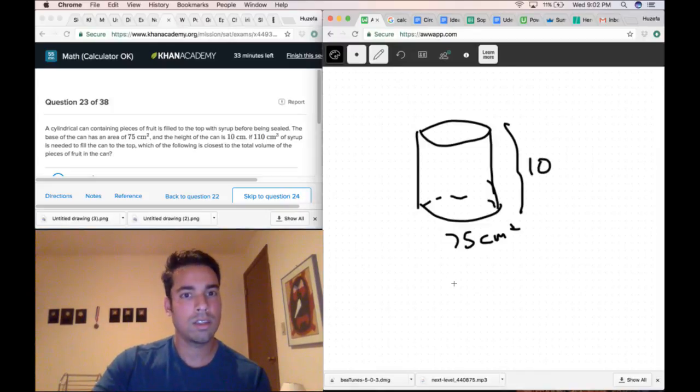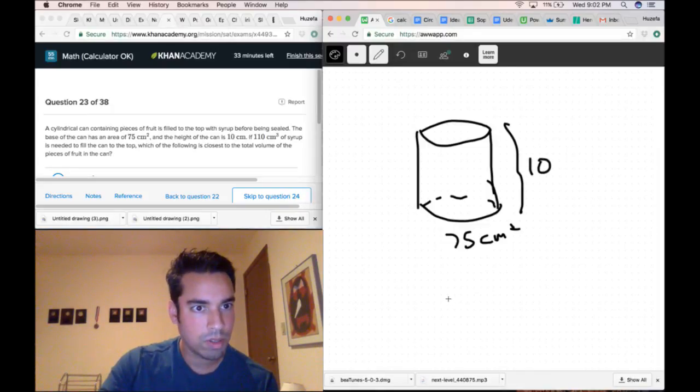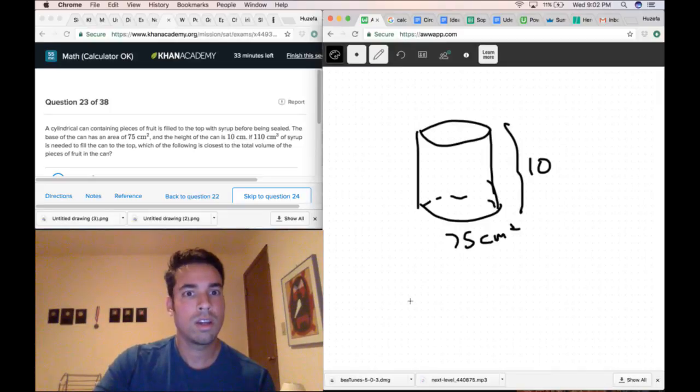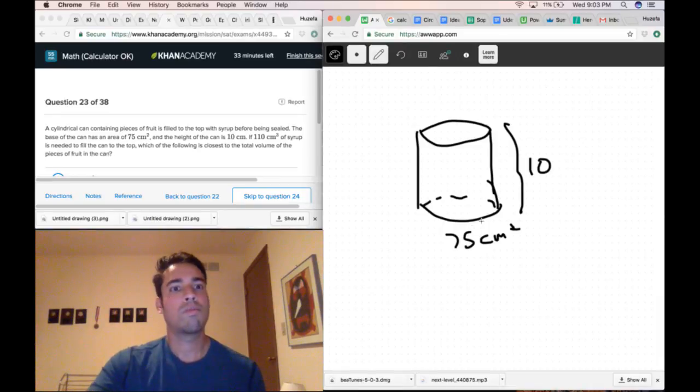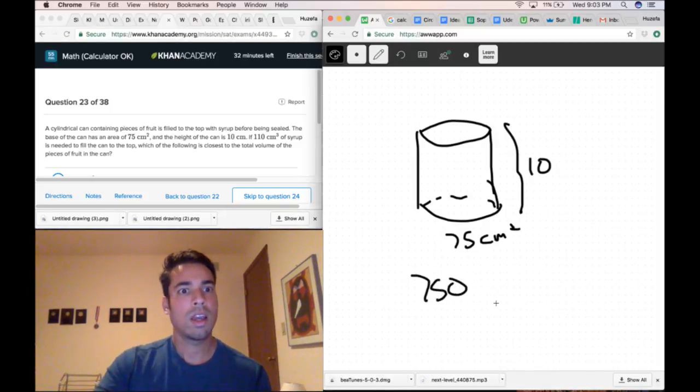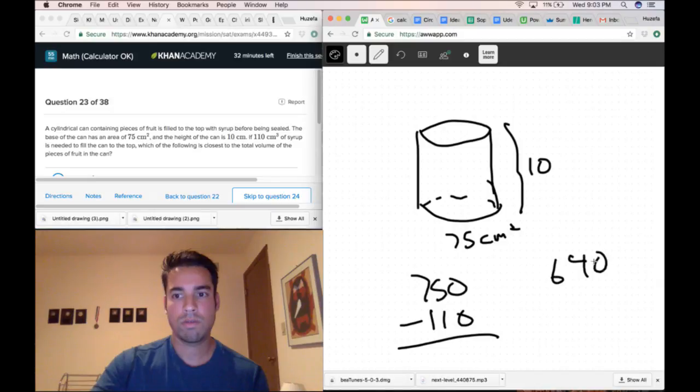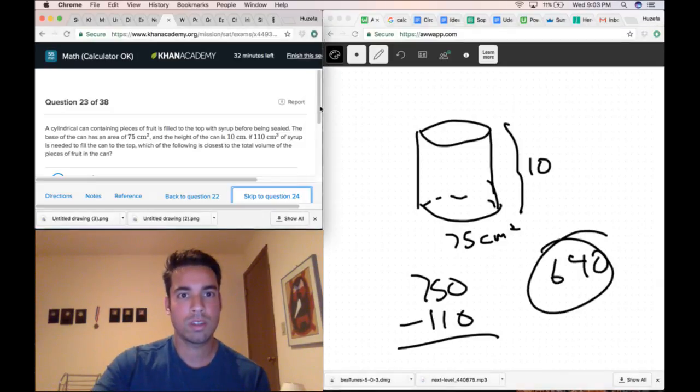If 110 centimeters cubed of syrup is needed to fill the can to the top, which of the following is closest to the total volume of the pieces of fruit in the can? So basically, base times height gives us the total volume. So the total volume is 750. And 110 is needed to fill to the top. So we just do a little subtraction. And it is 640. So that's how much fruit is in there.